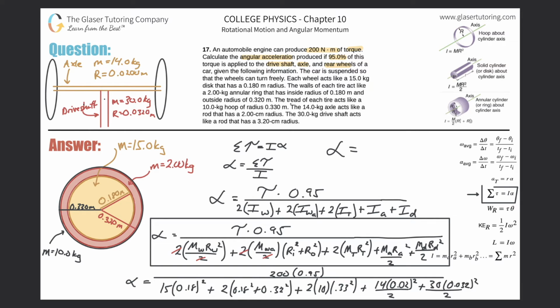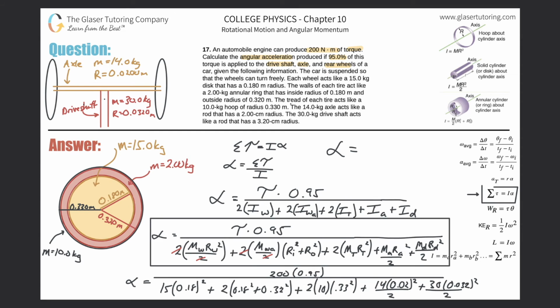Finally, we get to plug it into the calculator. I'm going to do the denominator first and solve for the total moment of inertia. So 15 times 0.18 squared, plus 2 times 0.18 squared plus 0.32 squared, plus 2 times 10 times 0.33 squared, plus 14 over 2 is just 7, so 7 times 0.02 squared, plus 30 over 2 is 15, so 15 times 0.032 squared.